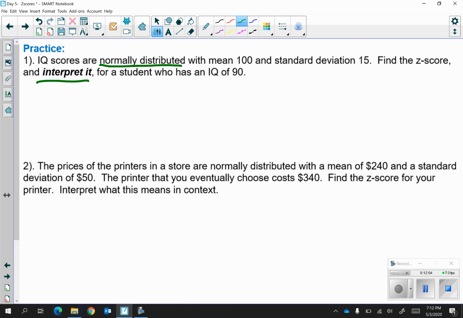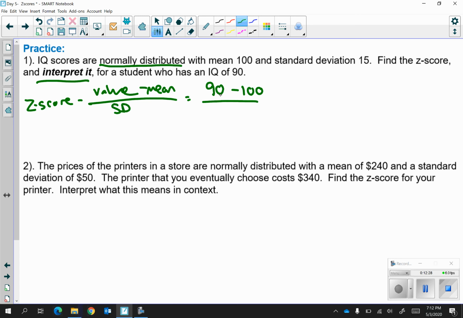So your z-score is your value minus the mean over your standard deviation. Our value here, the person got a 90 on their IQ test. The average IQ is 100, and the standard deviation is 15.